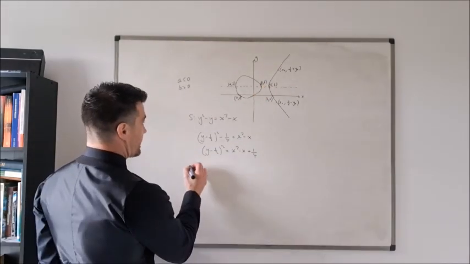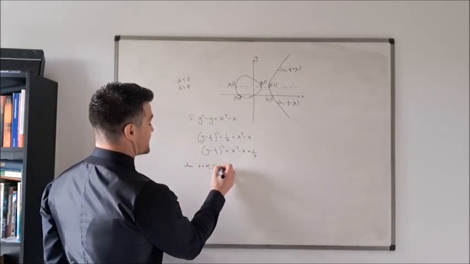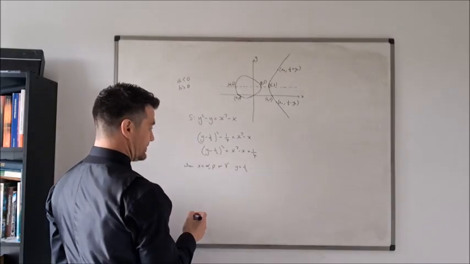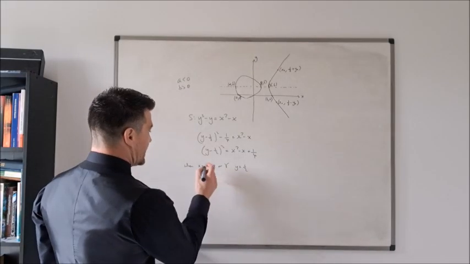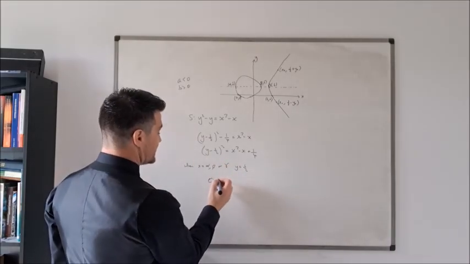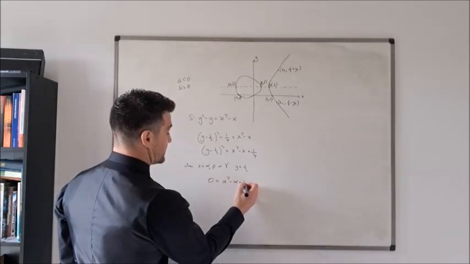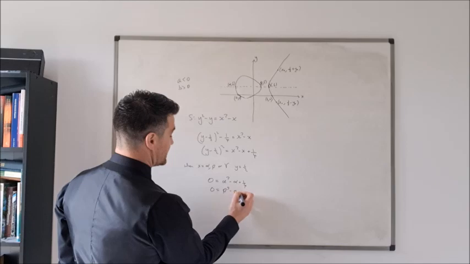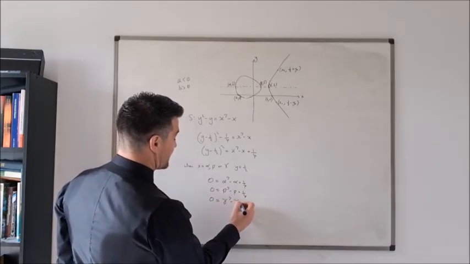When x equals alpha, beta, or gamma, y is equal to a half. So when y is equal to a half, we get 0 over here. So 0 equals alpha cubed minus alpha plus a quarter, 0 equals beta cubed minus beta plus a quarter, and 0 equals gamma cubed minus gamma plus a quarter.